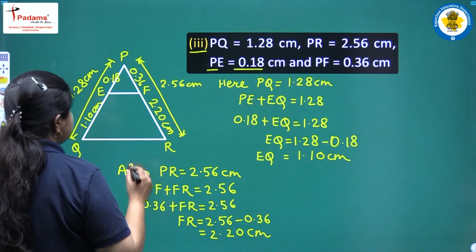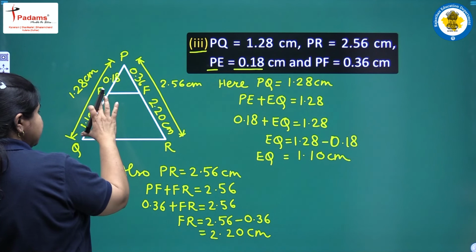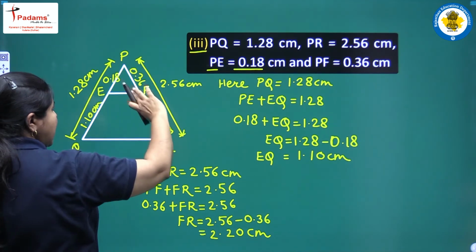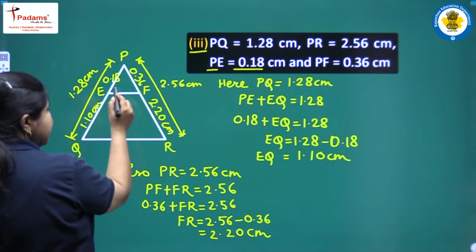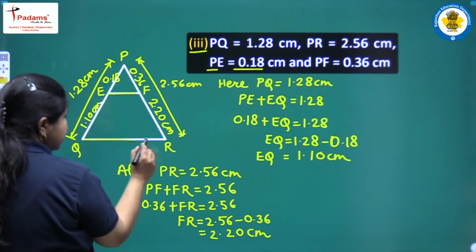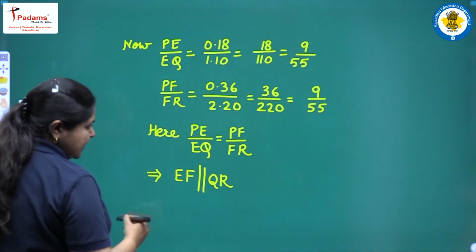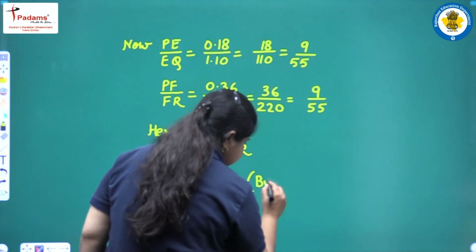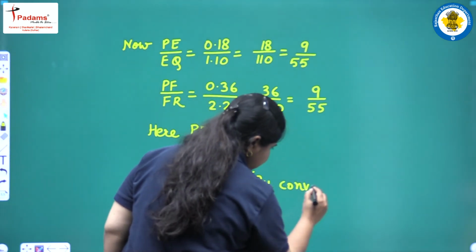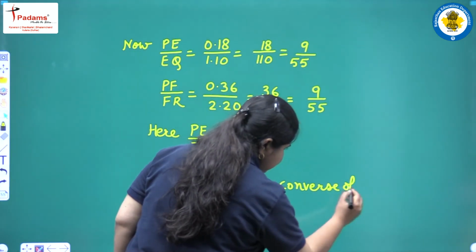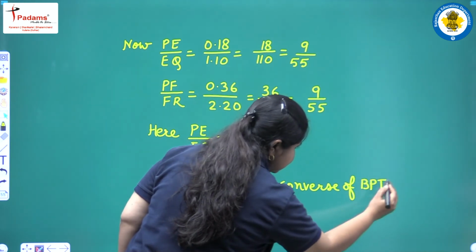देखिए आप यहाँ पर ये रेशो इक्वल है PE अपॉन EQ और PF अपॉन FR, और क्योंकि ये रेशो इक्वल है हम कह सकते हैं कि ये EF पैरेलल है QR के, जो हमारा क्वेश्चन था. Here we can mention by the converse of basic proportionality theorem.